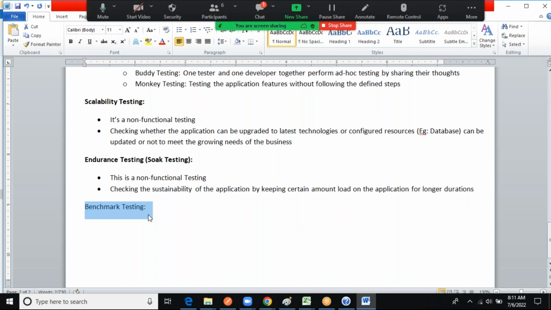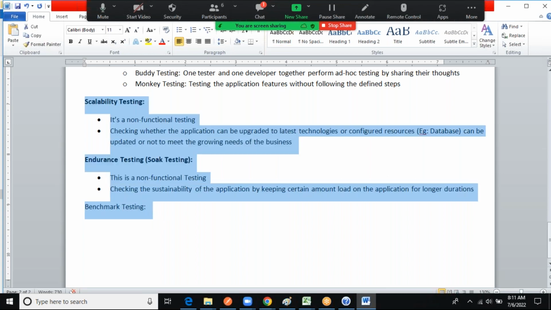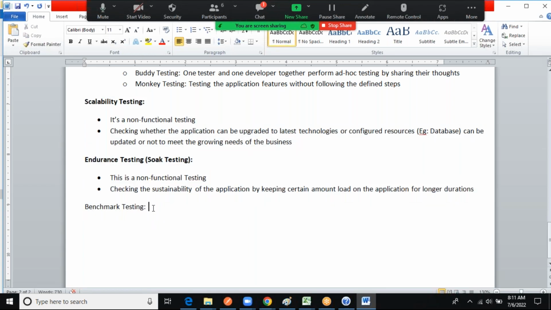In your normal projects, software development or any application you are developing, you will not see these things that frequently. Okay, so benchmark testing. Benchmark means, can anyone guess by this term?